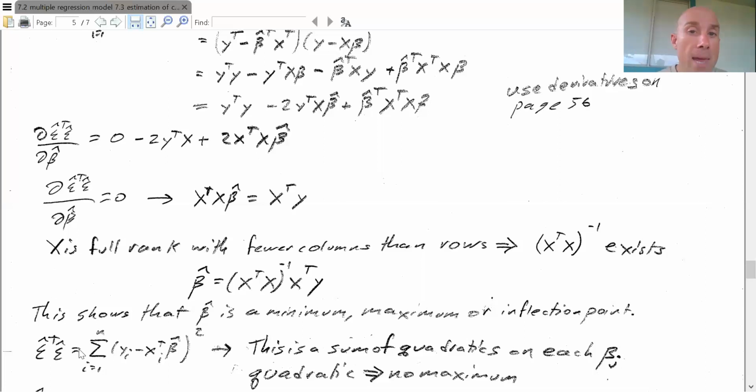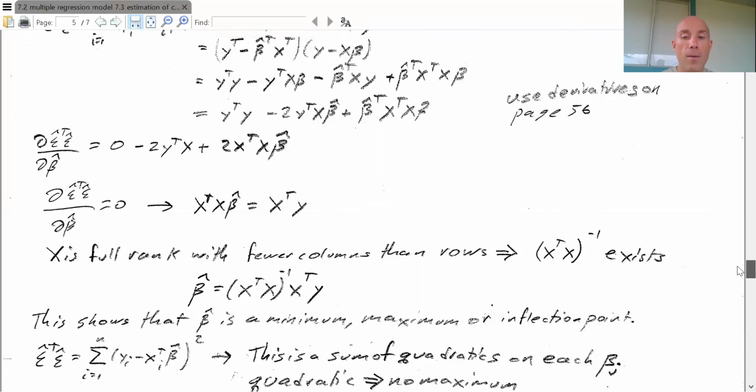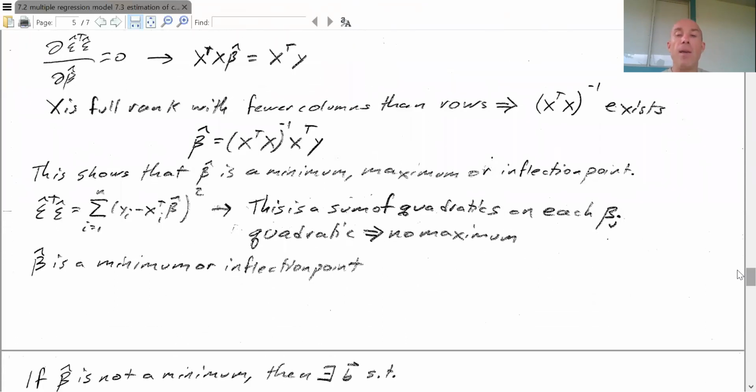What that means is that this derivative cannot give me a maximum, because I could keep on making it bigger. If I can make it bigger and bigger, I don't have a maximum. So I know that that's not an issue. That tells me the beta hat is either a minimum or an inflection point.